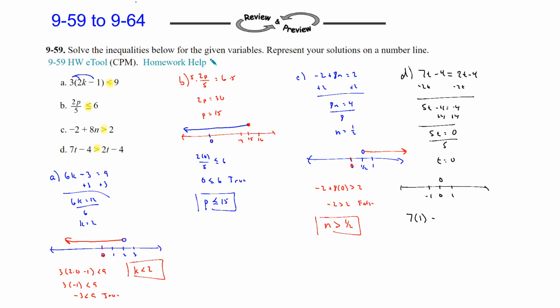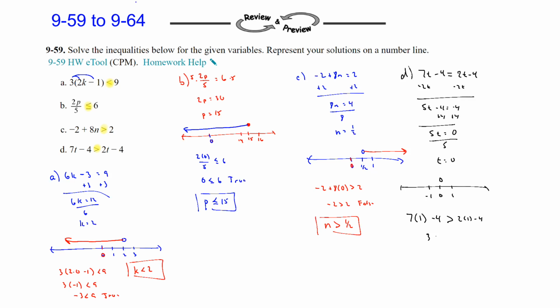7 times 1 minus 4 is equal to 2 times 1 minus 4. That 7 minus 4 is 3. Oh, I forgot I need to fix this. It's not equal to anymore. We got to go back to the original inequality. So 7 times 1 minus 4 is greater than 2 times 1 minus 4.